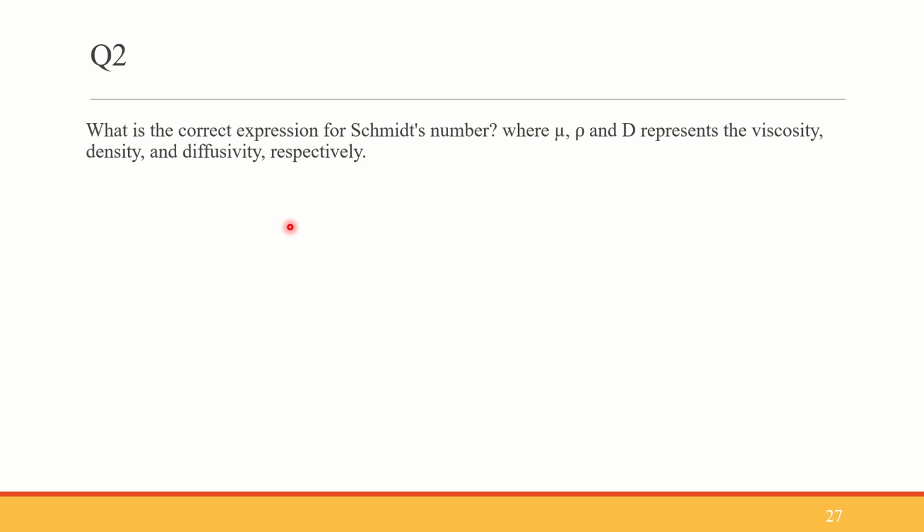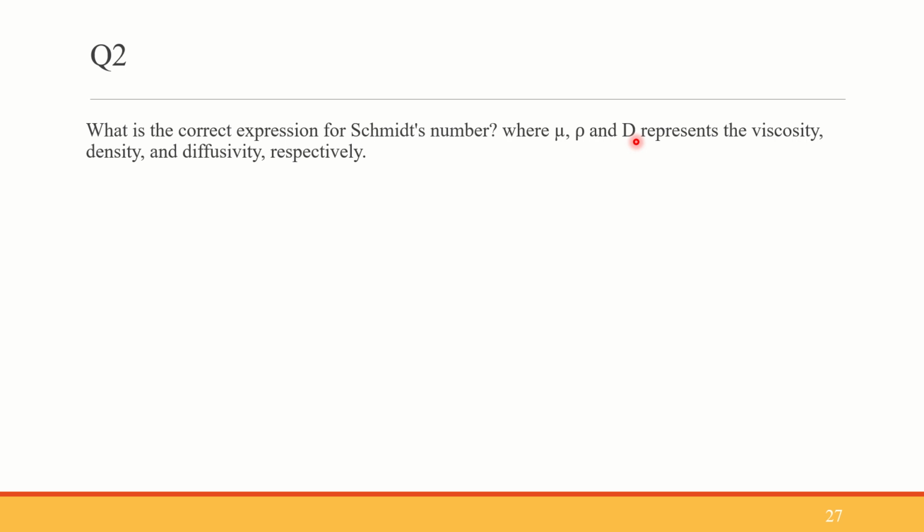Question 2 is about what is the correct expression for Schmidt number, where mu, rho and D represent viscosity, density and diffusivity respectively. We have Prandtl number, Schmidt number, Reynolds number, Sherwood number, Nusselt number and so many dimensionless numbers.